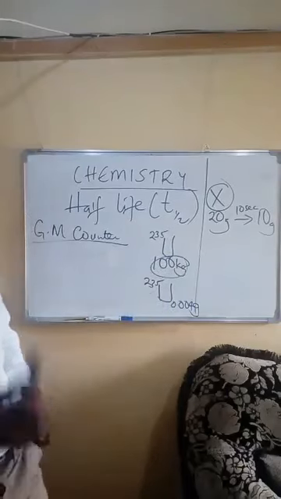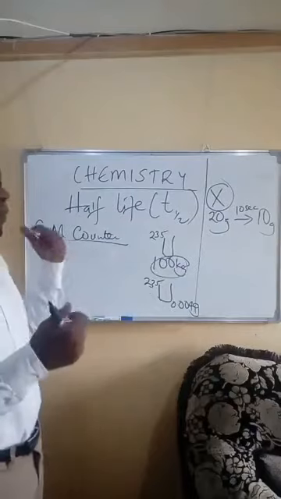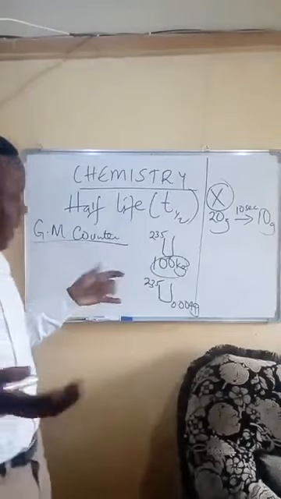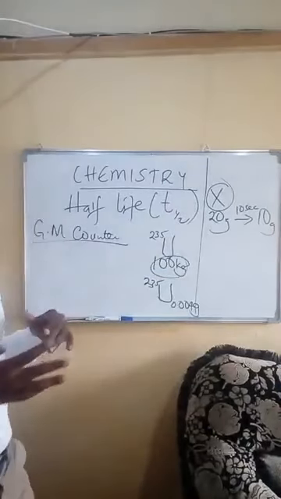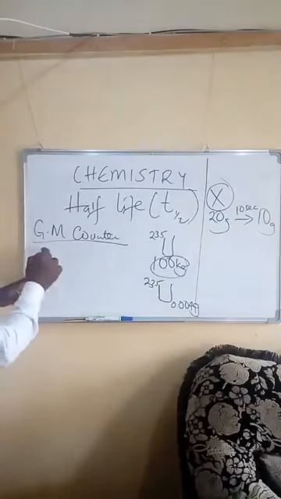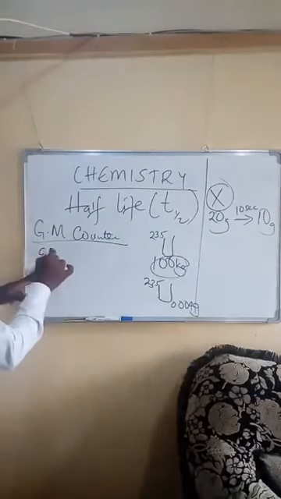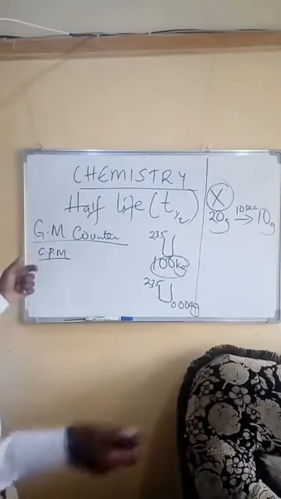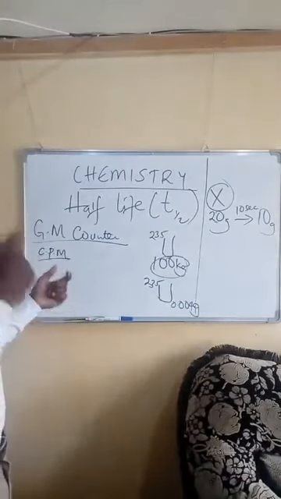And therefore, if you placed uranium-235 in front of a GM counter, the disintegrations per minute, or the count rate, we call it counts per minute, for example. This is counts per minute, meaning disintegrations or decays, the atoms decaying per minute.